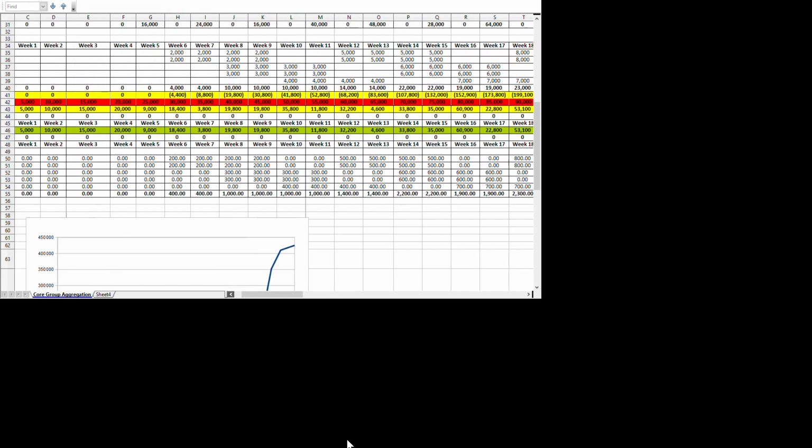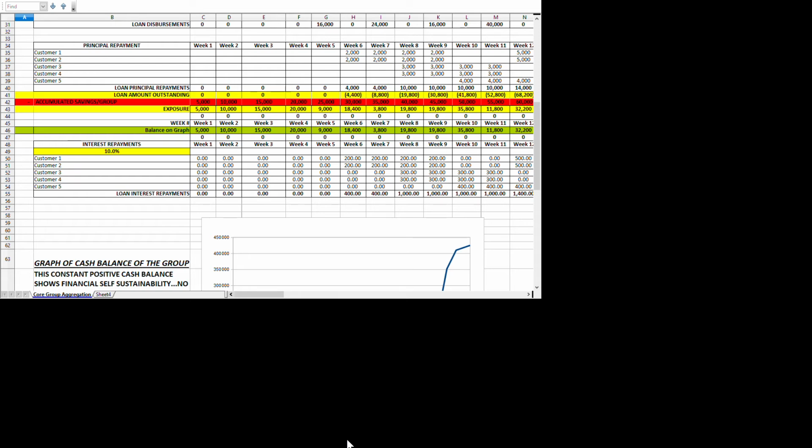Now below that, we have the interest payments. So if you go down to rows 48 to 55, now we see the interest payments. If you look in week 6, 7, 8, and 9, you see $200 a week, which is 10% of $2,000, which is in rows 35 and 36. So this is the 10%.